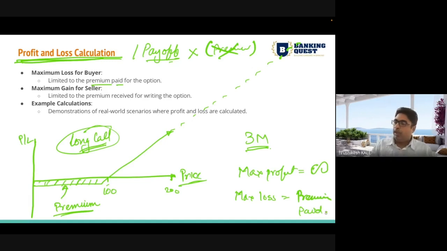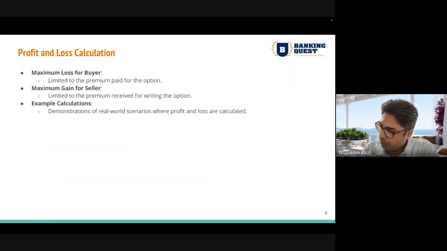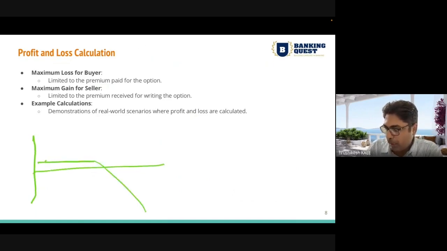Okay. Now, please understand this is for a long call. Does that mean it will be the same thing for a short call? No. Let us look at an example of a short call. If you look at the diagram of a short call, it will be like this.